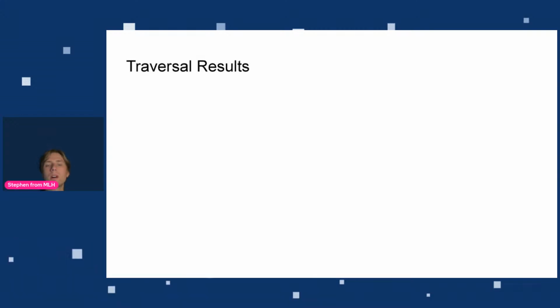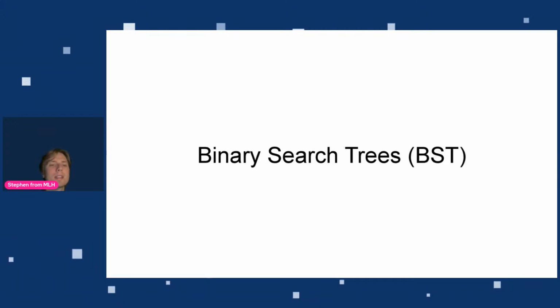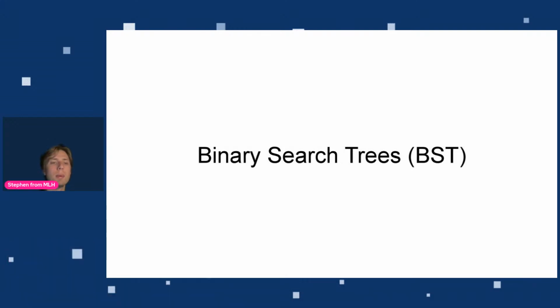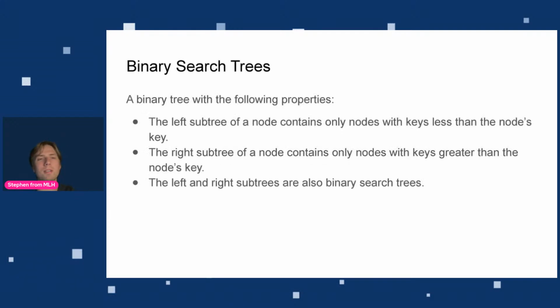So we'll talk about that in the next couple slides. So binary search, but thank you for that question. So how are traversal trees helpful in some real life scenarios? We can talk about binary search trees now for that.